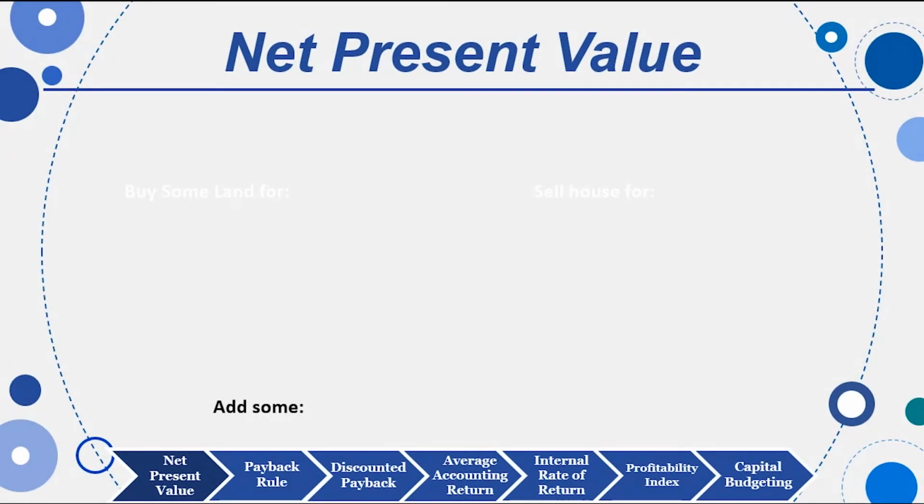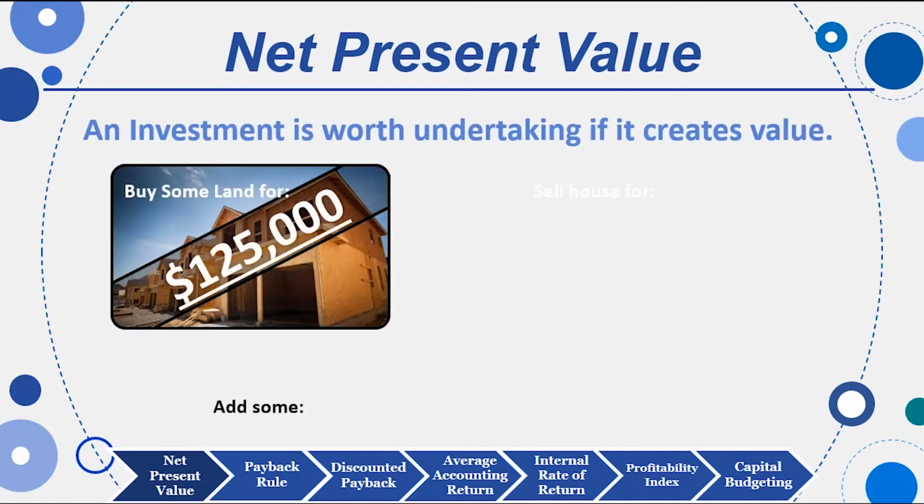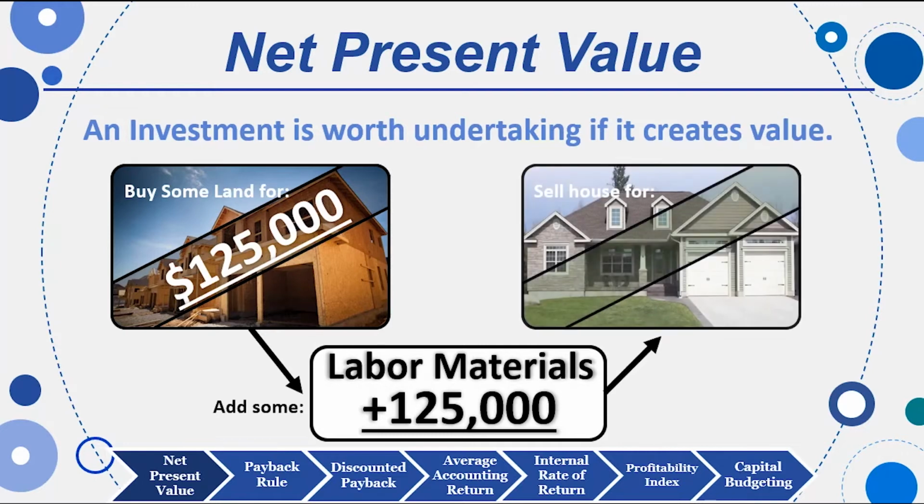First one is NPV. NPV is the best method for evaluating large capital investment projects. It has the fewest drawbacks. It's very simple. An investment is worth undertaking if it creates value. Here's an example of we buy some land for $125,000, put some labor and materials into it. We eventually sell that house for $300,000.